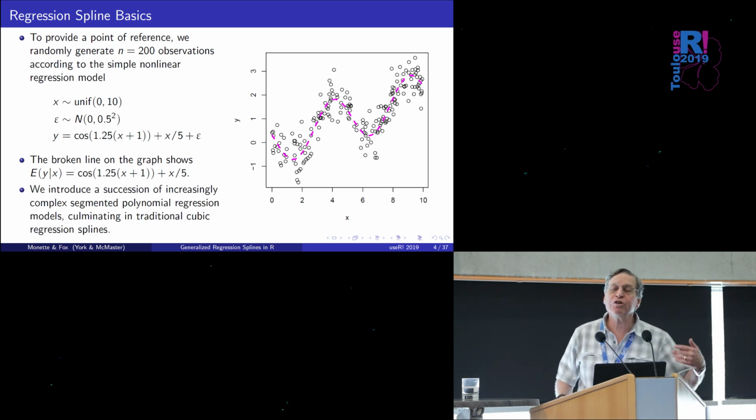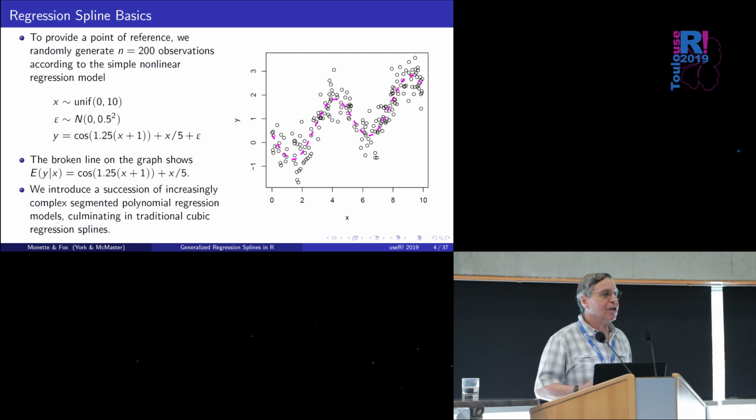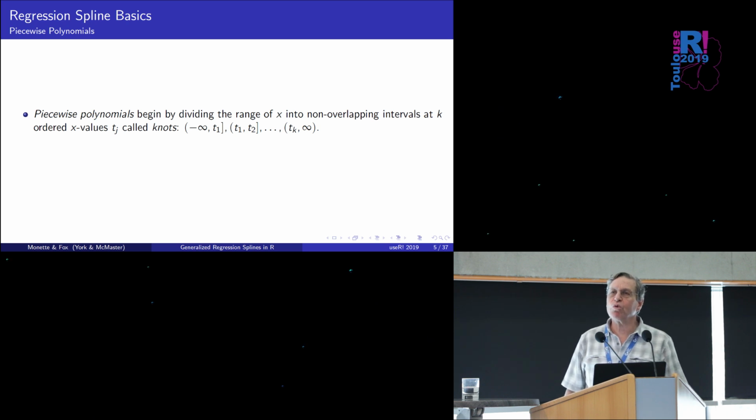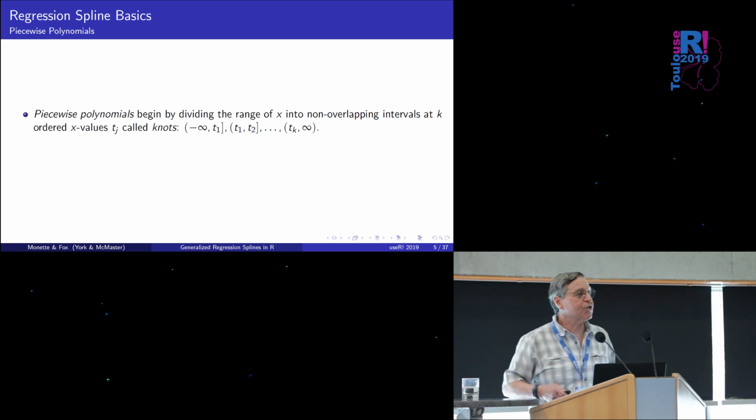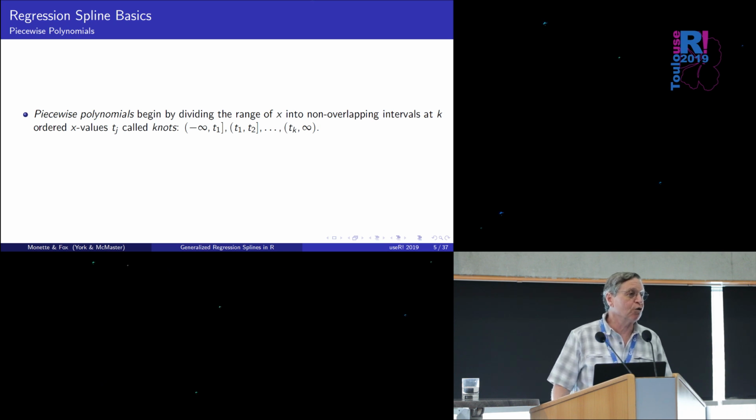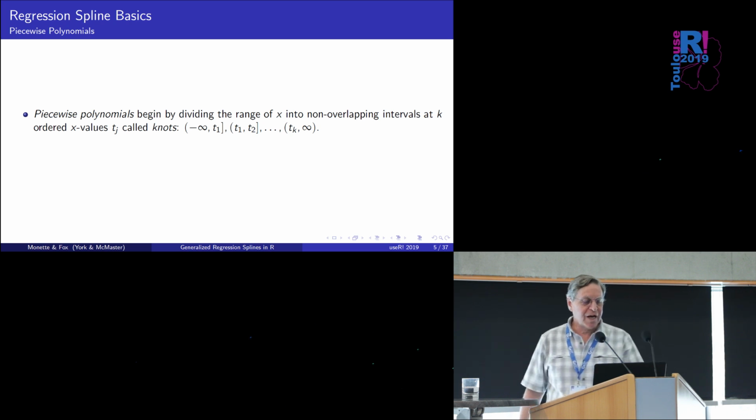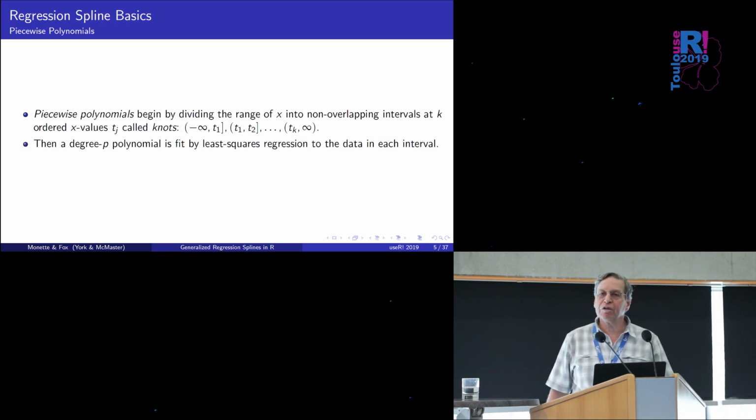Okay, so I'll introduce a series of successively more complex segmented polynomial regression models and spline models. And the final model will be a traditional cubic regression spline. Okay, so starting with piecewise polynomials, we'll carve X into a number of non-overlapping regions at several knots. And within each region, we'll fit a degree P polynomial, initially unconstrained.